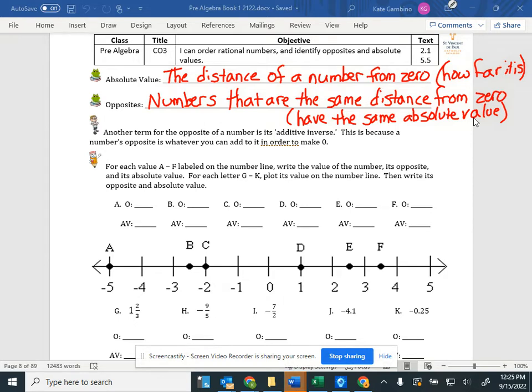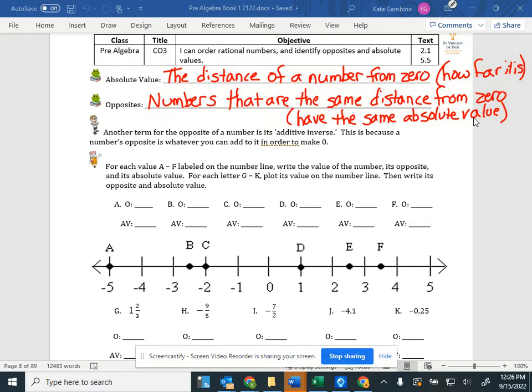So another term for the opposite of a number is its additive inverse. Now that sounds kind of a little confusing, but you might see those terms like when you take the math test and they say, what's the additive inverse? Well, additive means adding the opposite, inverse. So the inverse is your opposite. So an additive inverse is what do I add to it and then I get 0.